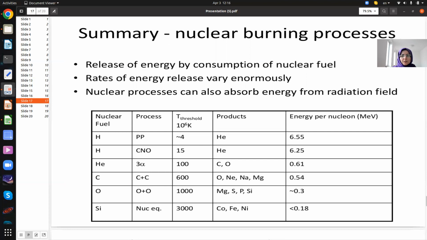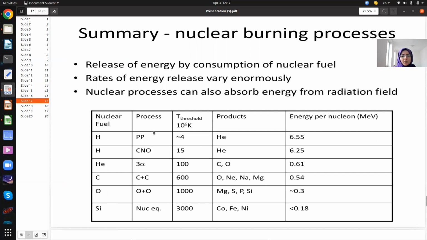Nuclear burning processes. Release of energy by consumption of nuclear fuel. Rates of energy release vary enormously. Nuclear processes can also absorb energy from the radiation field. You see here the nuclear fuel: hydrogen, helium, carbon, oxygen, and silicon.